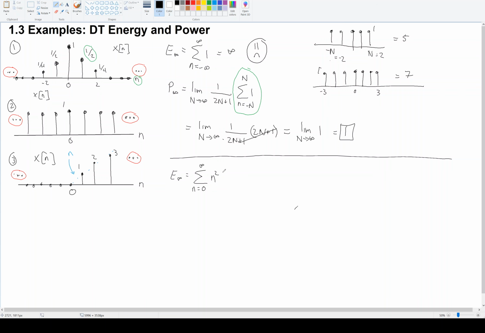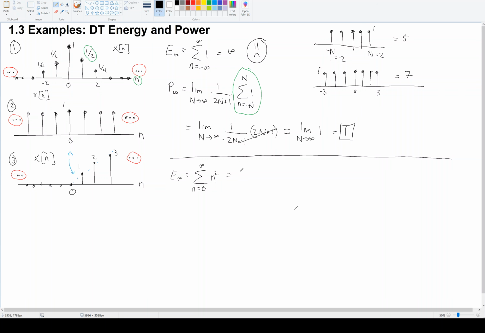So I have this sum here, and you should have seen this in your math class. The sum of n squared from 0 to infinity, there's a formula for that. Excuse me, actually there's a formula for it when the top bound is not infinity, when it's a finite number.